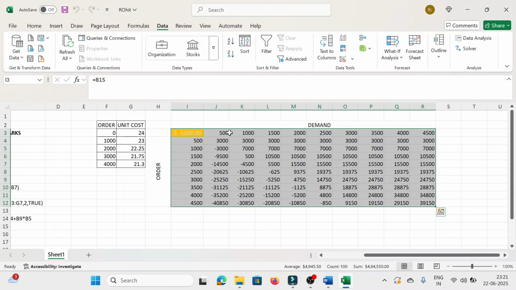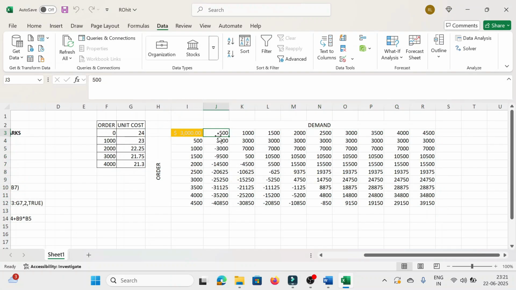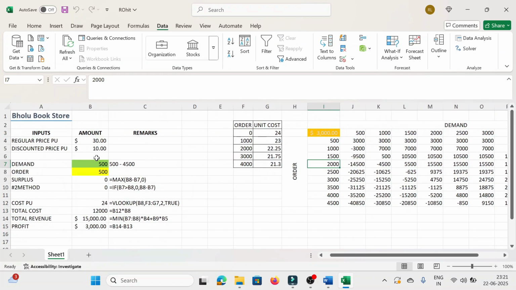So profit, for example, if your demand is 500 and you take an order of 2000 books, it will make a loss of 14,500. So that is mentioned here.